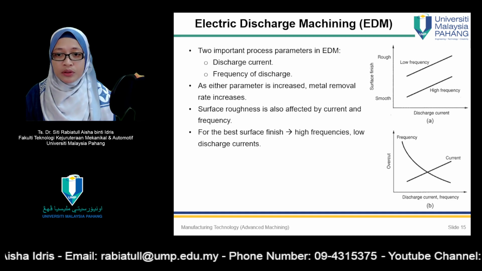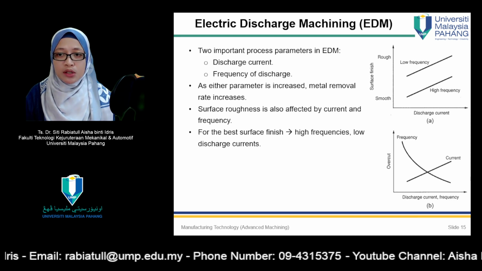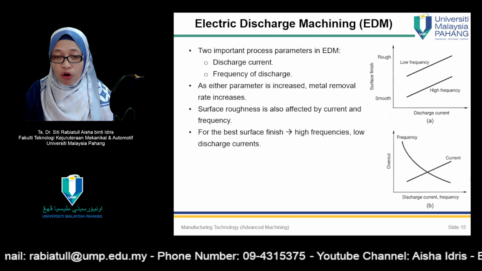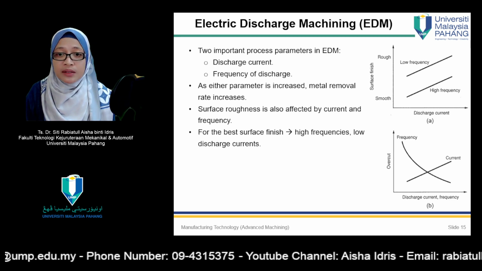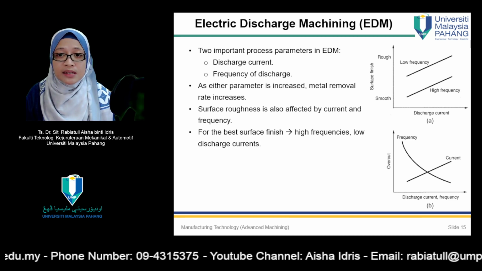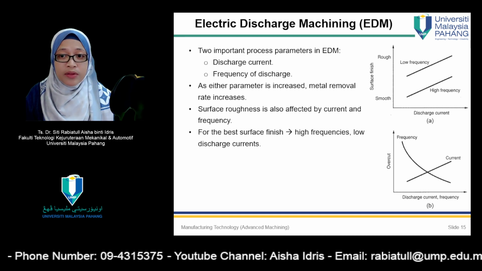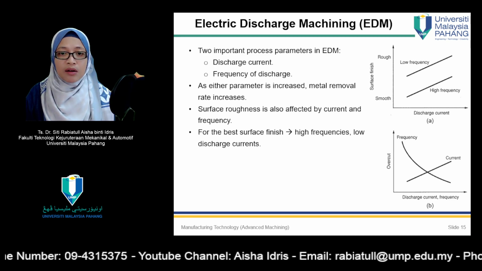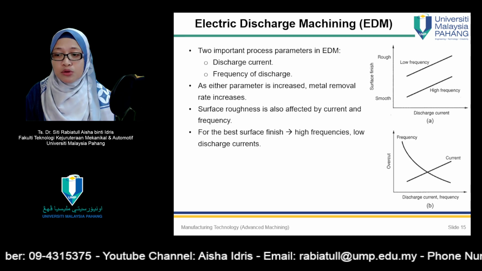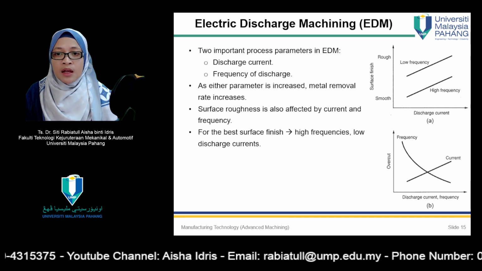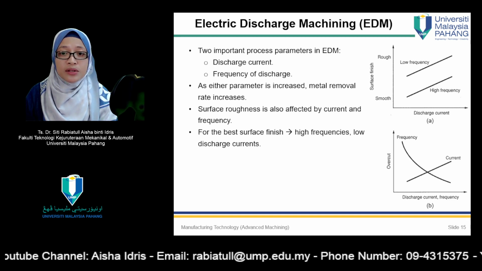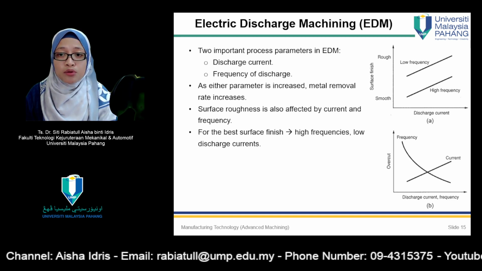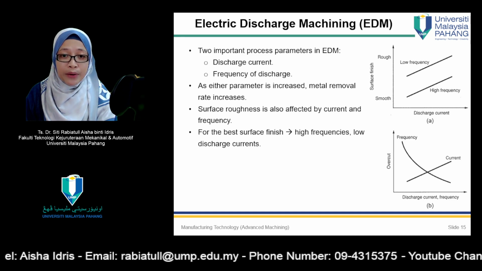As the electrode tool penetrates into the work, overcutting occurs. Overcut in EDM is the distance by which the machined cavity in the work part exceeds the size of the tool on each side of the tool, as illustrated in figure A. It is produced because the electrical discharge occurs at the sides of the tool as well as its frontal area.